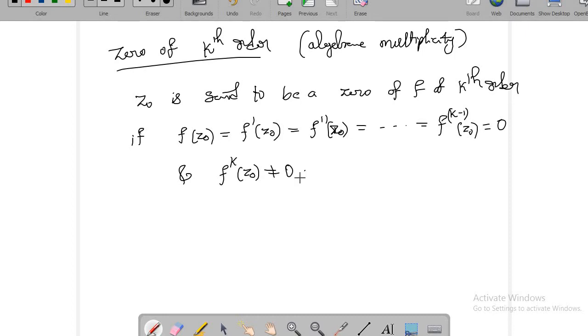So we say z0 is a zero of f of kth order, or simply a root of f with algebraic multiplicity k, if all derivatives till the k minus 1th order are 0 but the kth order derivative is non-zero.